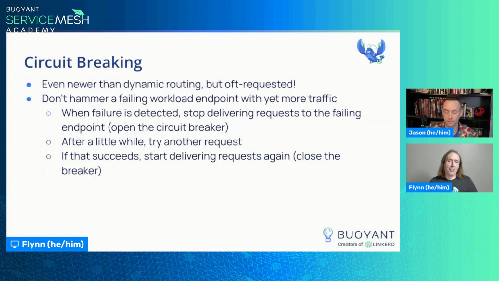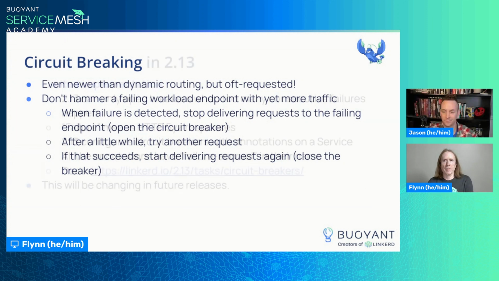Perhaps instead, you should stop delivering things to that failing endpoint so that it has a chance to recover. And then after a little while, try it again. And if that works out okay, then you can slowly start feeding traffic back to it. We talk about opening the circuit breaker when we stop delivering requests because there have been too many failures. And we talk about closing the circuit breaker when we restart issuing requests to the thing.